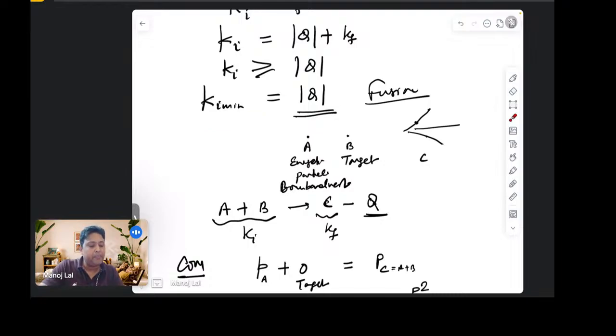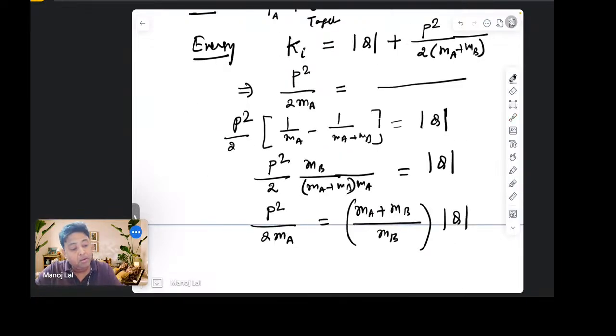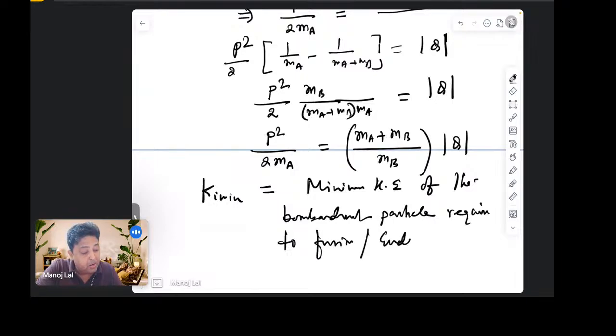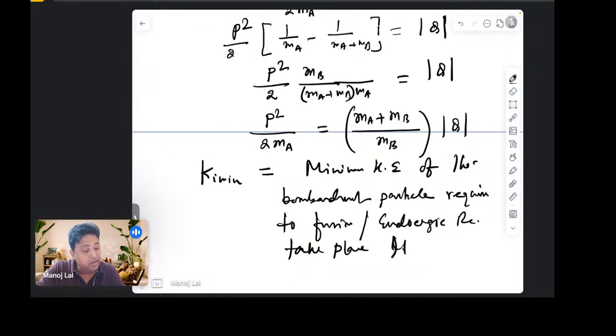So the minimum kinetic energy, K initial minimum, is known as the minimum kinetic energy of the bombardment particle required for the fusion or endoergic reaction to take place, and it is also known as threshold energy.